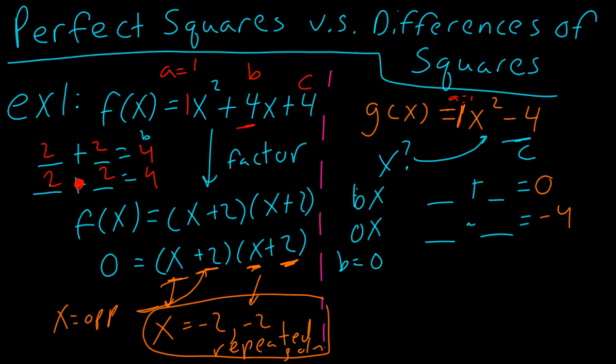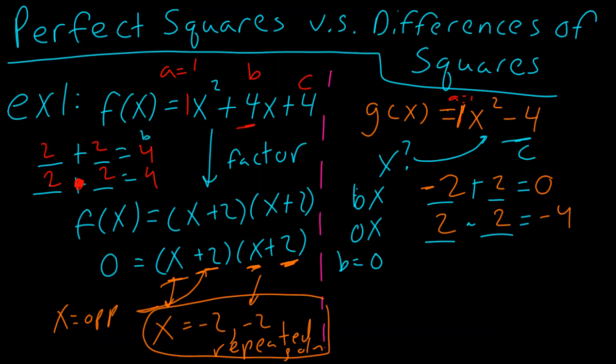Well, when y'all think about this, you're going to think about two numbers that are the same but are opposites. And the best way to think about this is taking the square root of our constant. So what's the square root of 4? Well, the square root of 4 is 2, okay? The square root of 4 is 2, but you need it to add up to be a 0, so all you have to do is make one negative.